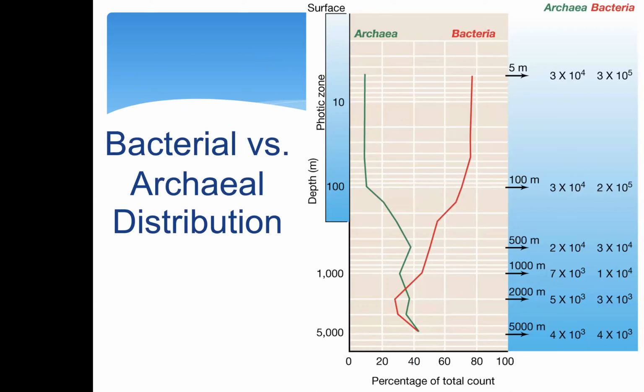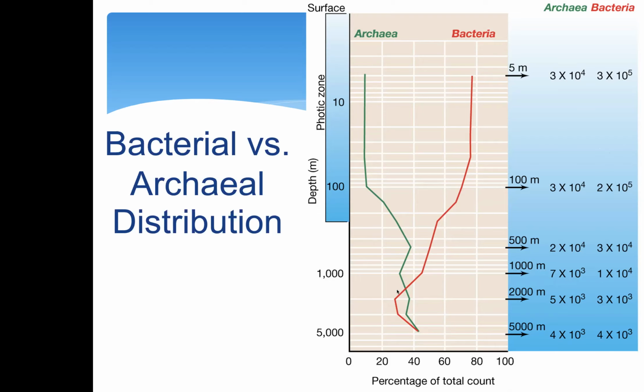Let me get my mouse situated. So what you can find is they actually both decrease. So this is the relative percent. What you can see is this goes from 10 to the fourth to 10 to the third. This goes from 10 to the fifth to 10 to the third. So the decrease in bacteria is an order of magnitude higher.